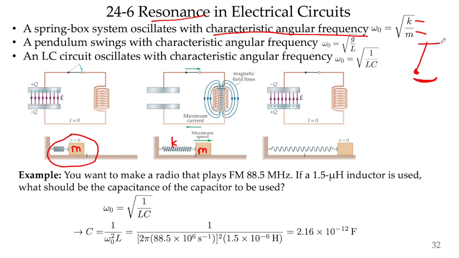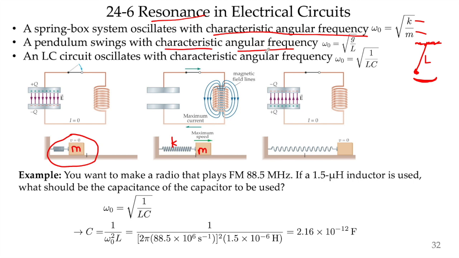It hangs from the ceiling. So the angular frequency, the frequency of going back and forth, depends on the gravity g, and on the length L of the rod or the rope. These are the angular frequencies, the characteristic frequencies in mechanical systems.